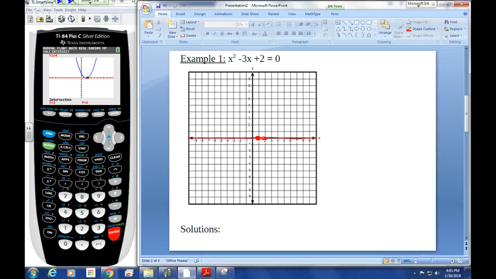So looking at this graph, it's hitting the line at x equals 1 and x equals 2. Those are our solutions to the equation x squared minus 3x plus 2 equals 0, because y is 0 there, and these x values make the equation equal 0 at x equals 2 and x equals 1.